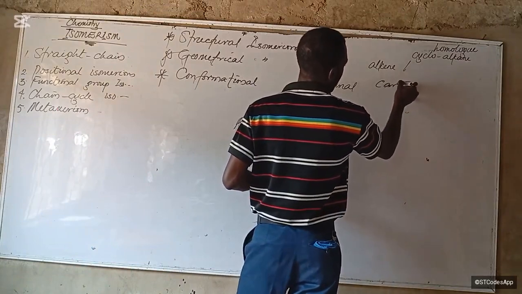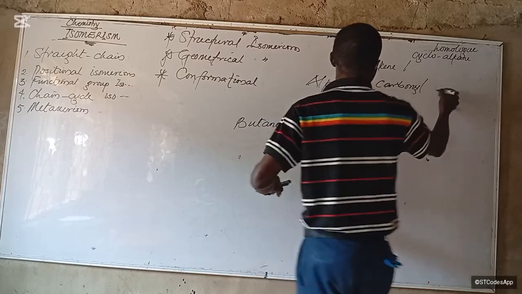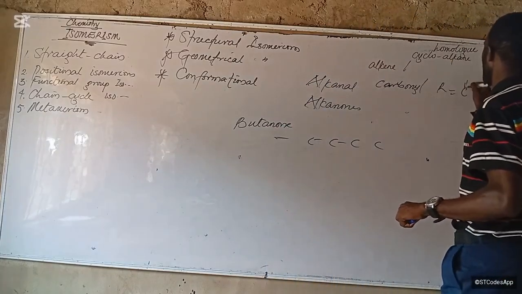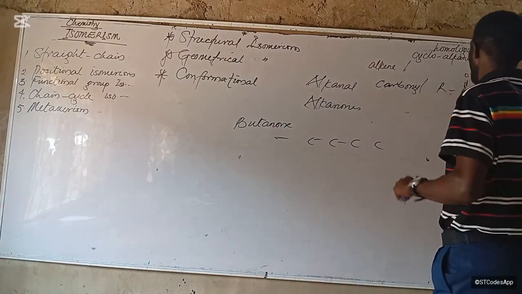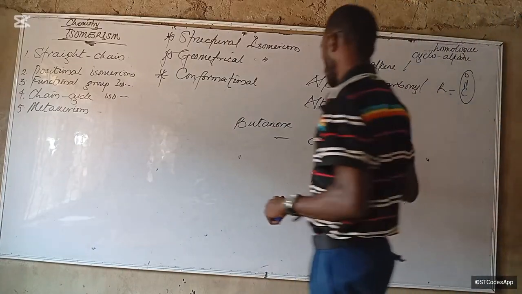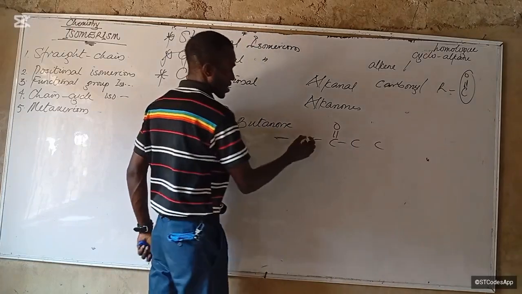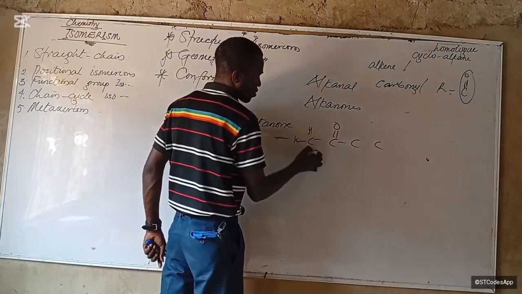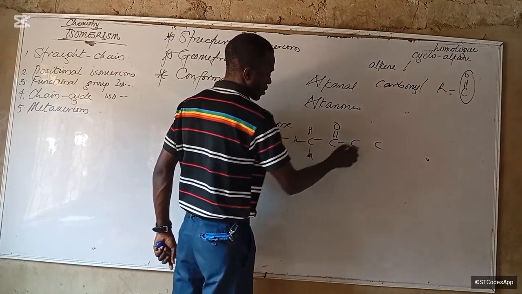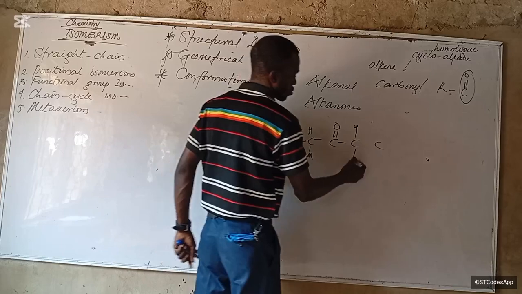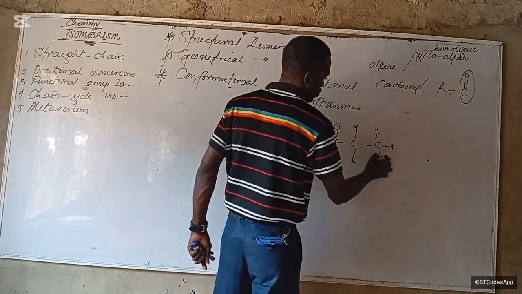And what's carbonyl? R, C double bond O. This is what we call carbonyl. So I can put my C double bond O here. Then here I have 1, 2, 3.